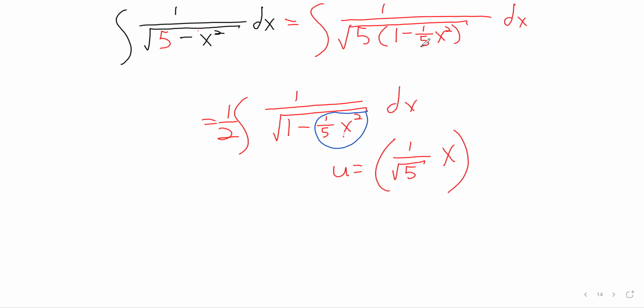To write 4 as a square, we needed the square root of 4, which was nice, it was 2, but there's nothing fundamentally different here. We'll let u be that, and du will be this, and then we can put that 1 over the square root of 5 in, and we can also put its reciprocal in.